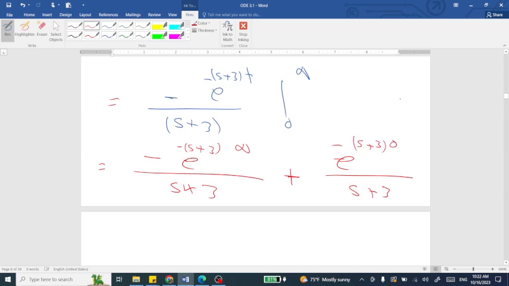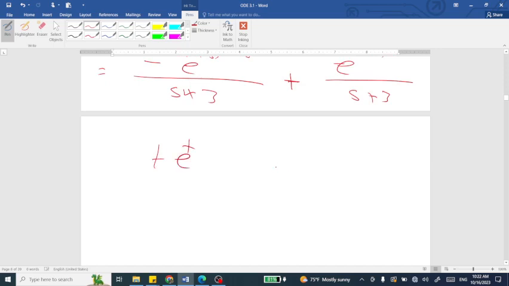Here the variable is t, and s plus 3 acts as a number, like the 2 in the integral of e to power 2t dt, which gives 1 over 2. You got it? In this example we don't have a 2; I have minus (s plus 3).